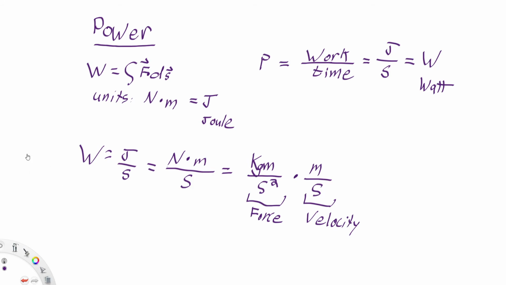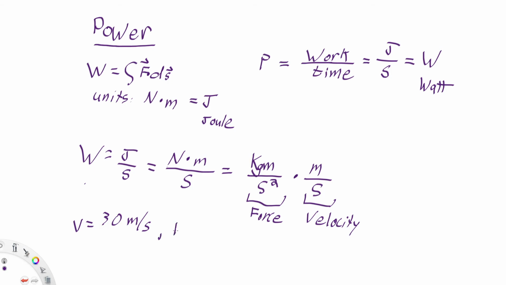And why is this important? Well, we might ask the question, if we have a certain amount of resistive force, say if we are moving at 30 meters per second, which is about highway speeds, so we're cruising along at the highway, and we know that there's a combination of friction and air resistance that is going to try to slow us down.